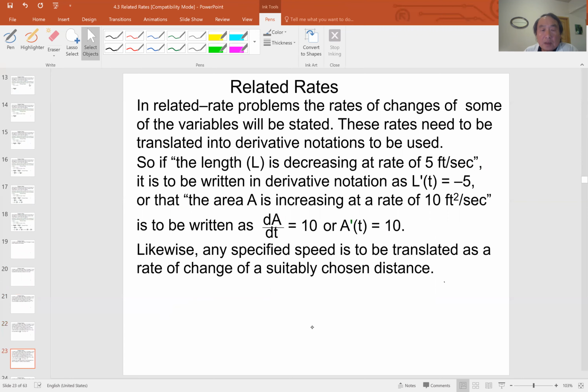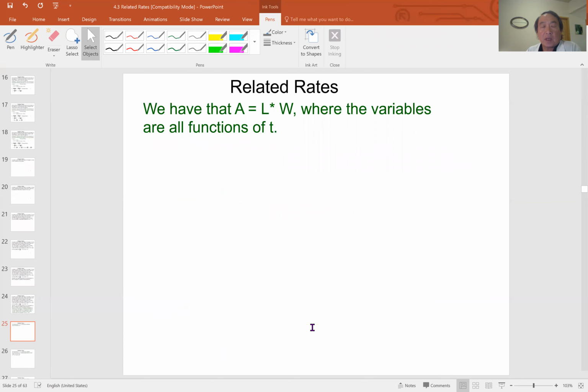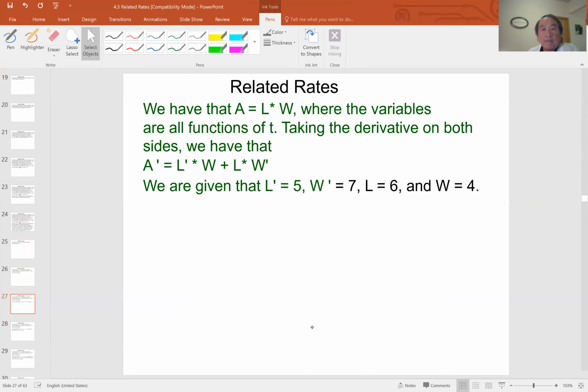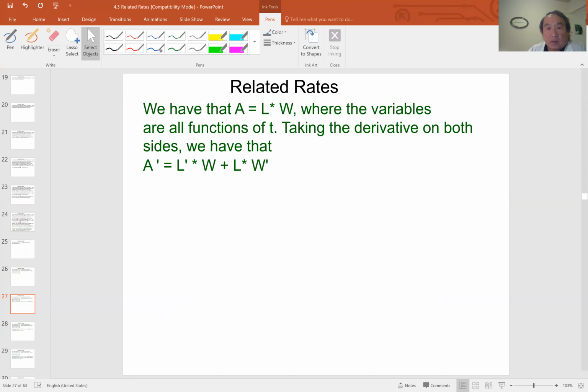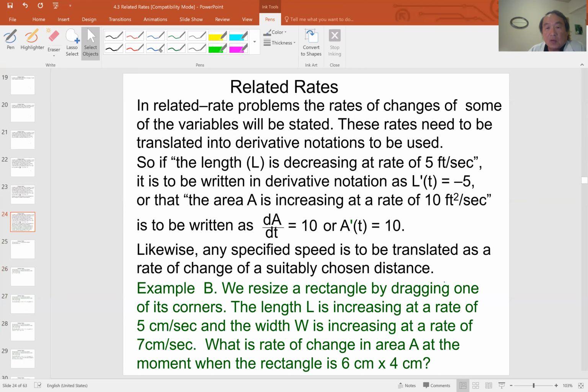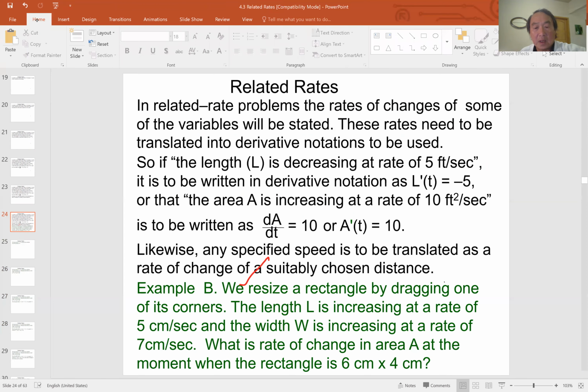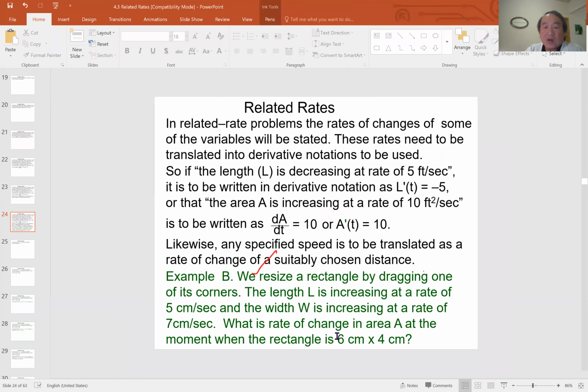Okay, so let's go to the specific problems of the rectangle. Suppose here's a rectangle problem. Suppose now I tell you, as we drag along the rectangle, the size of a rectangle at an instant is 6 by 4, the length times width.